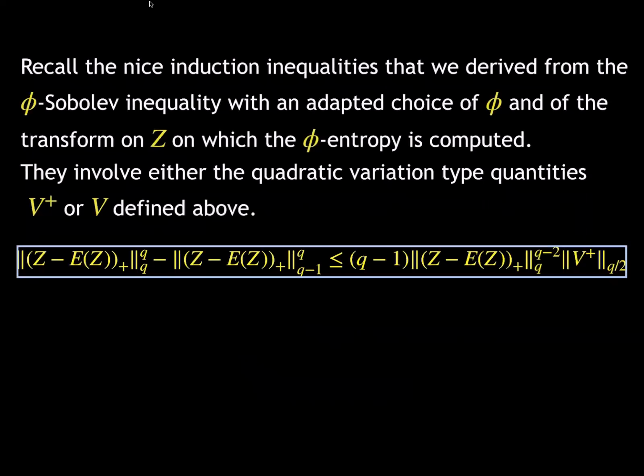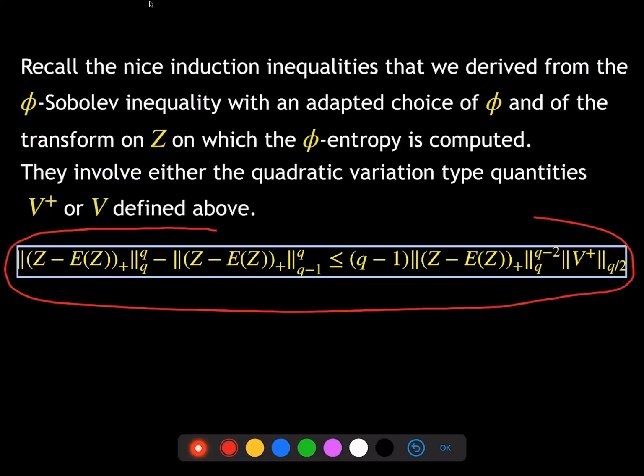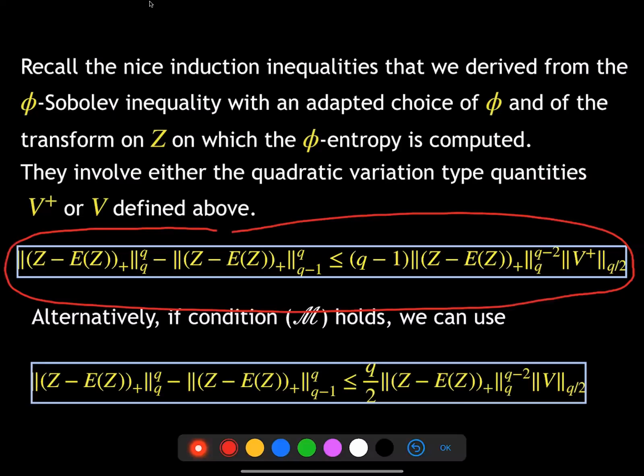So I remind you also of the induction inequalities that we got last time. They are very simple to state. You have relationships between the order q moments and the order q minus 1 moments through this inequality here in the first case when you use V plus, and you have the analog in the V case.